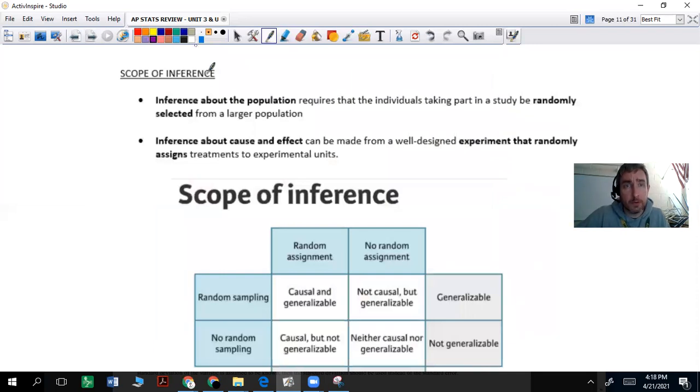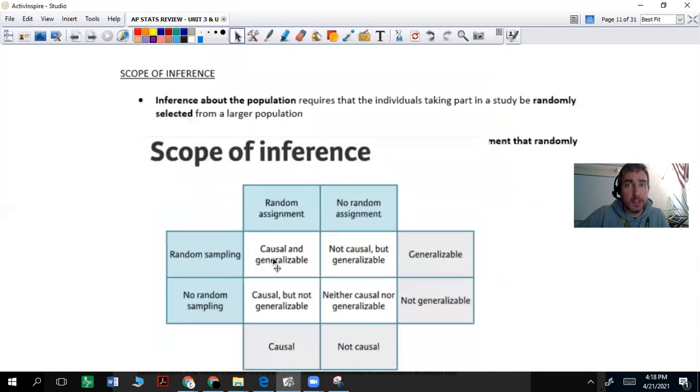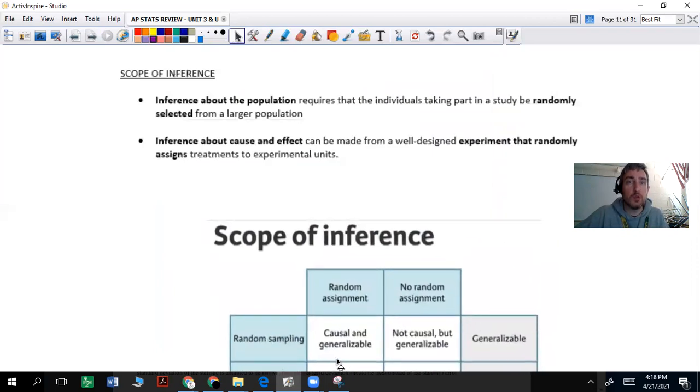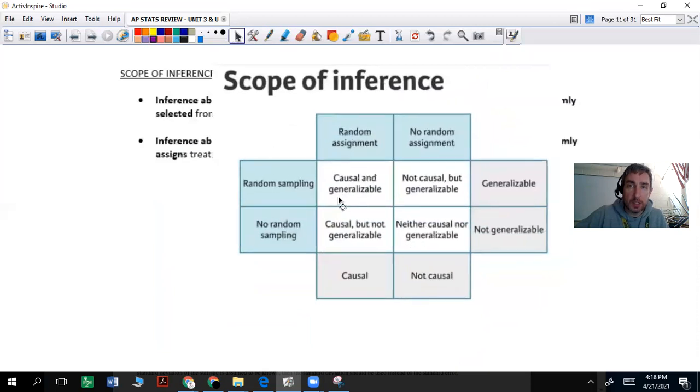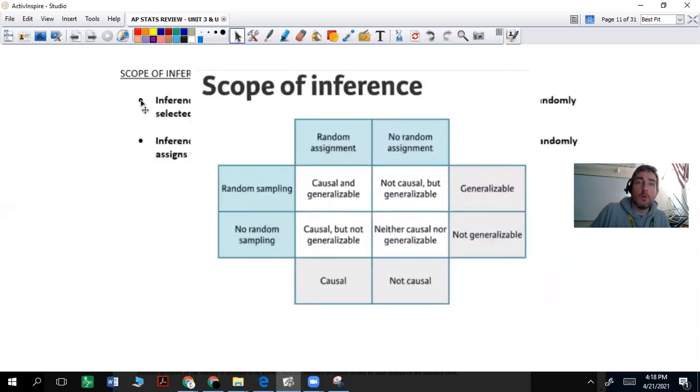And finally, scope of inference. Scope of inference is basically what happens when you do random selection versus random assignment. And I like to use a table like this. When we do a random assignment, we can generally see if there's any cause and effect, all right? So if there's a random assignment, we can have cause and effect determined if we have the data providing that.